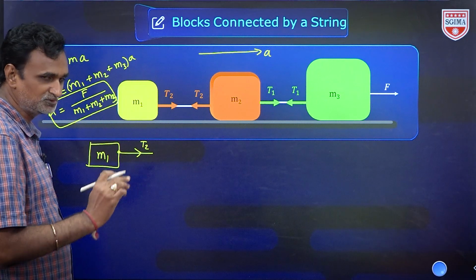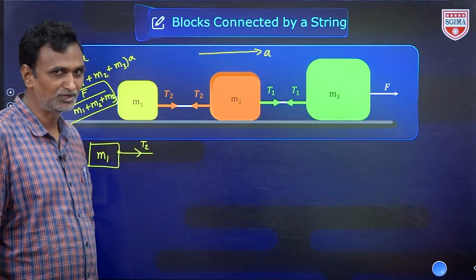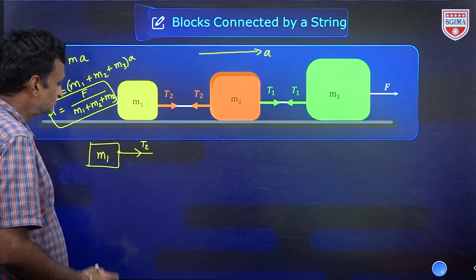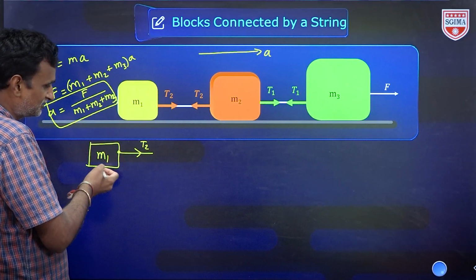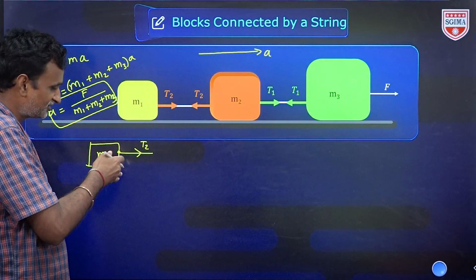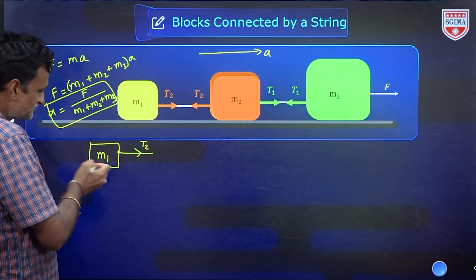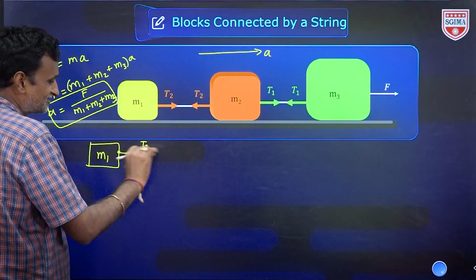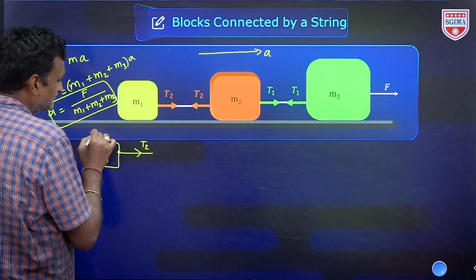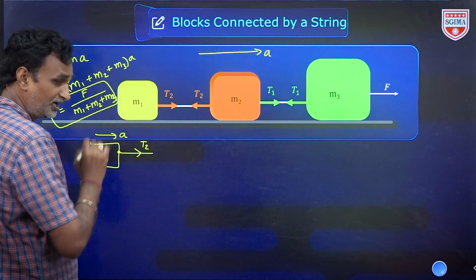Is there any other force acting backward? No, because it is placed on a smooth surface, so there is no friction. Only the right side force acts, and the acceleration to the right must be a.